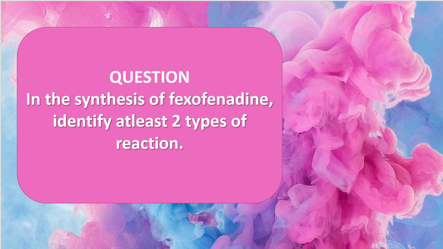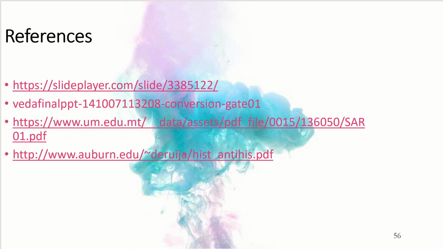So you can go back to that and see if you can identify at least 2 reaction types, 2 that you are familiar with. Alright, so that is basically the end of this presentation.